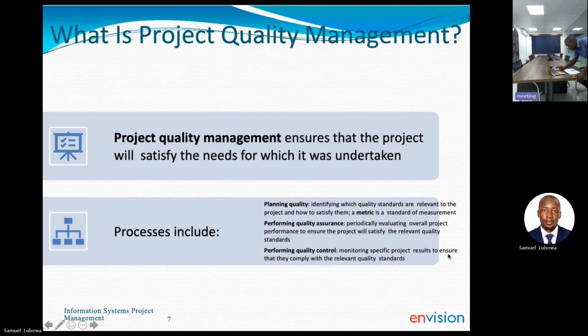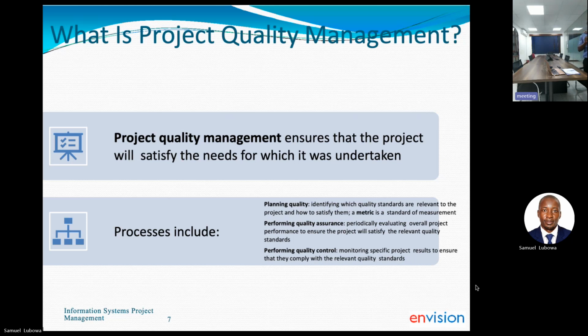Just a second, please. Okay, I was telling you that project quality management is a process with steps to follow, in case you are to manage quality on your education system project.